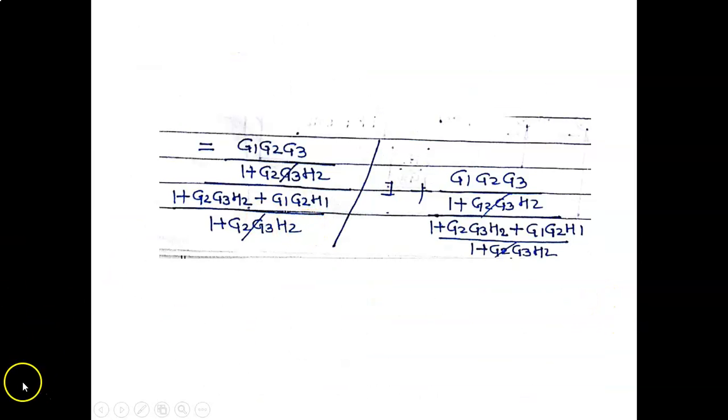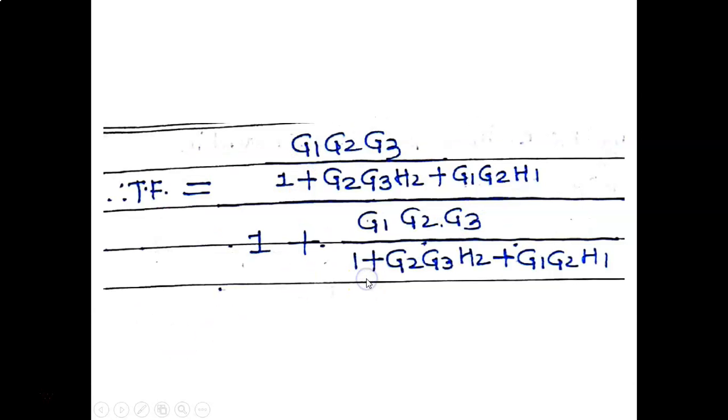Now, by solving, by cross multiplication, this denominator is same everywhere. Therefore, this will get cancelled, and we will get the final transfer function as G1, G2, G3 divided by 1 plus G2, G3, H2 plus G1, G2, H1 divided by 1 plus G1, G2, G3 divided by 1 plus G2, G3, H2 plus G1, G2, H1.